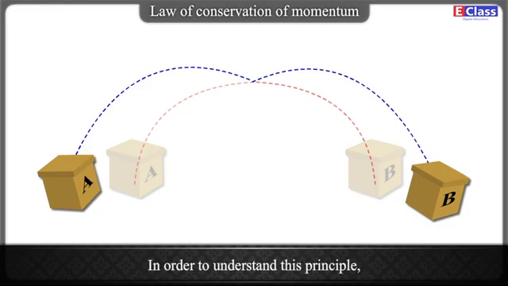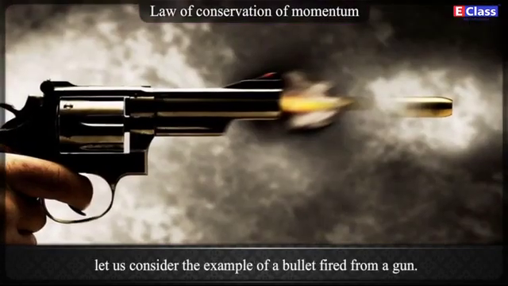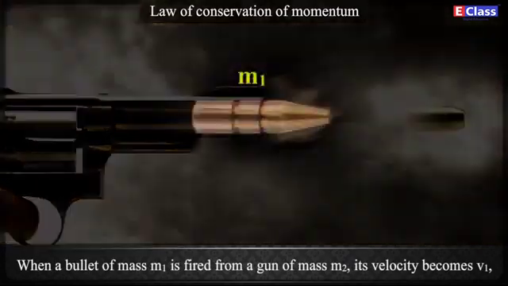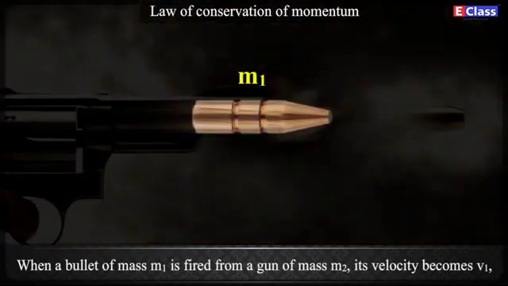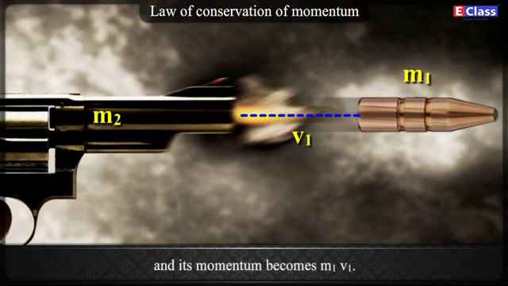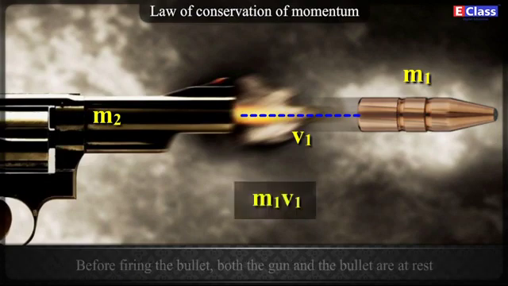In order to understand this principle, let us consider the example of a bullet fired from a gun. When a bullet of mass m1 is fired from a gun of mass m2, its velocity becomes v1 and its momentum becomes m1 v1.